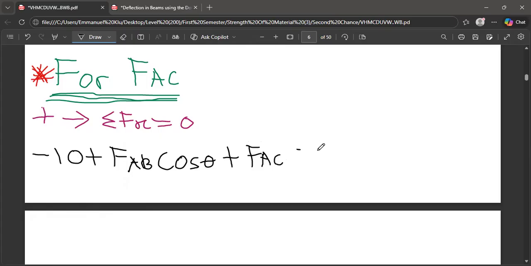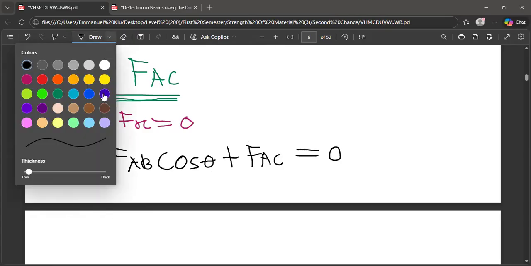At the end of the day, we equate all of this to 0. The cos, what do we know about the cos? We learned something, and we can apply that knowledge. Okay, so let's quickly write that, and then we proceed.